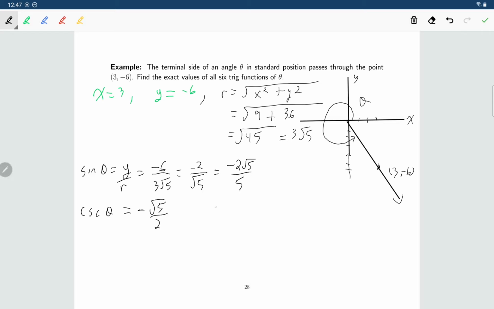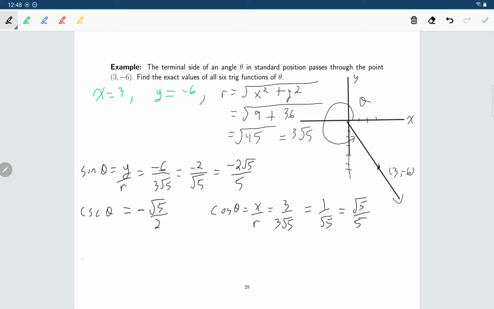Let's do now cosine. Cosine of theta, that's x over r, or 3 over 3 root 5, which, again, simplifying this and making sure that the denominator is rationalized, we have cosine of theta being positive root 5 over 5.